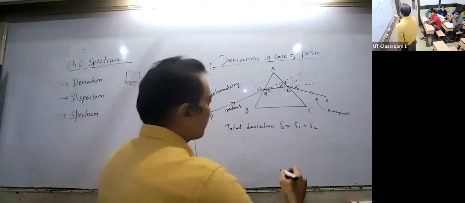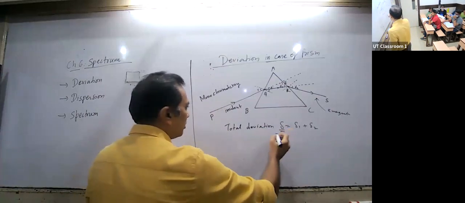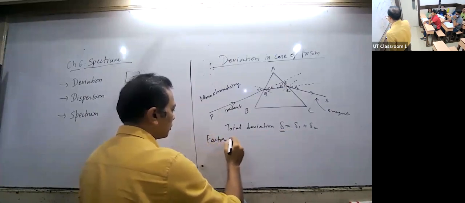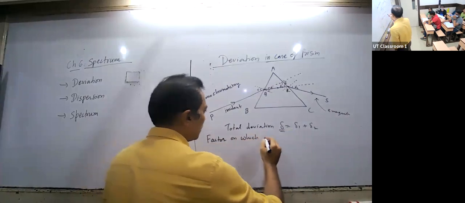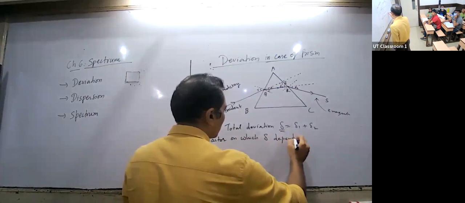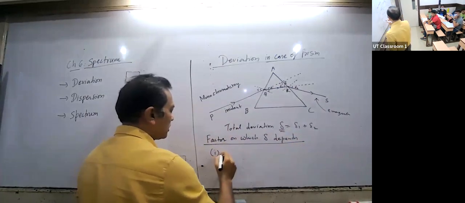Now, what does this total deviation depend on? What are the factors? Angle of incidence, angle of prism, and the refractive index.